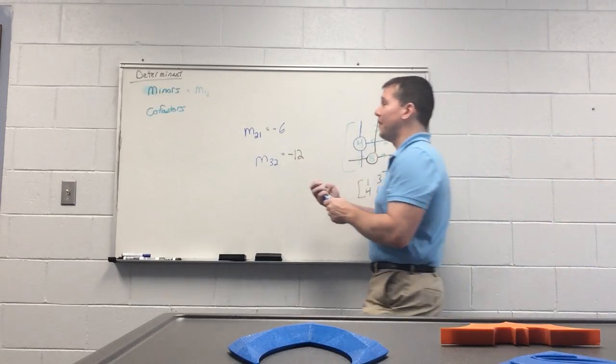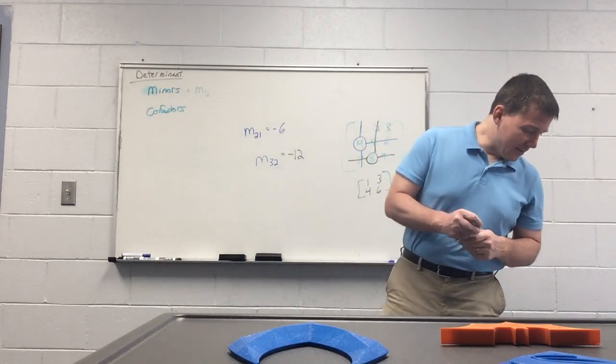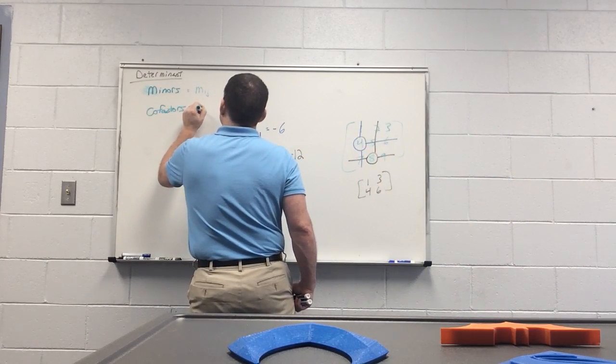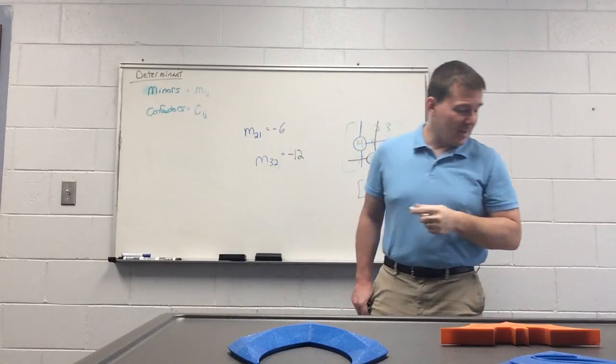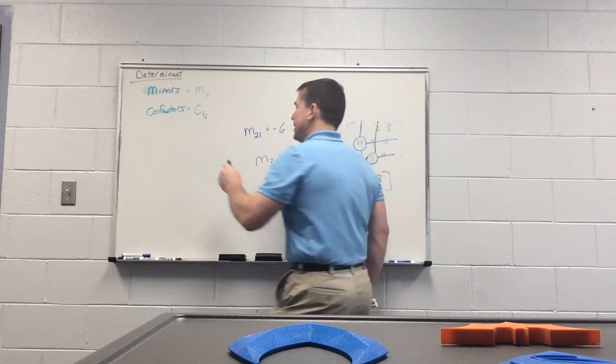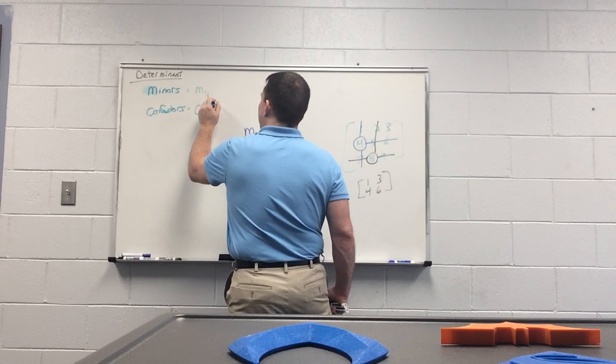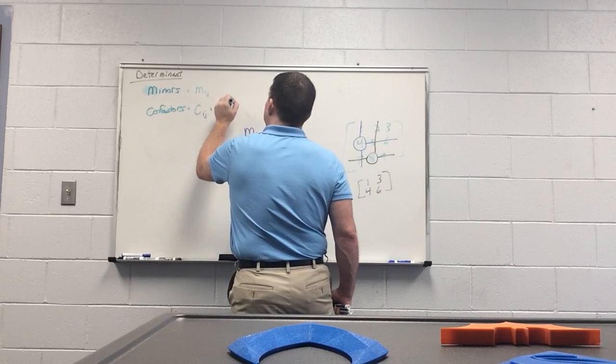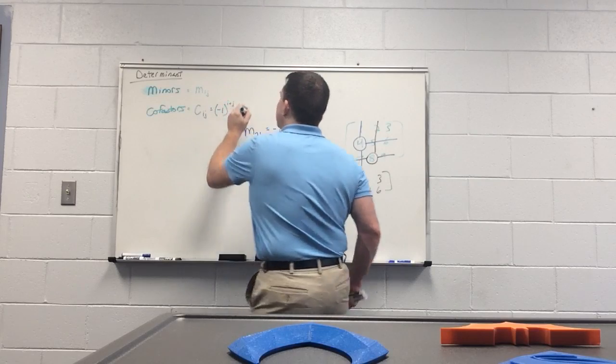We also have cofactors. And to write them in notation, cofactors are labeled Cij. And this is actually defined, this one I want to write out as negative 1 to the i plus j times Mij.